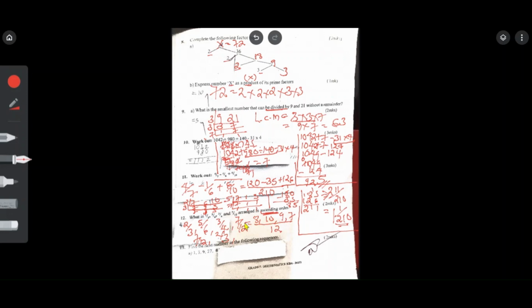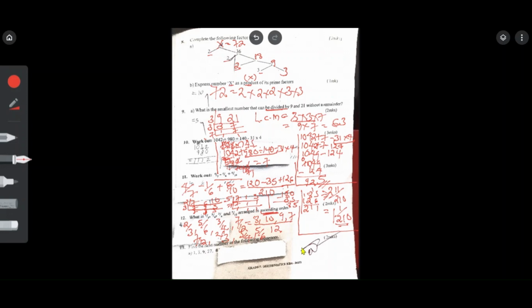The next one is 9. 9 is 3 all over 4. Then the last one, which is 10. 10 is 5 all over 6. So I've arranged in ascending order from the least to the largest. I believe that is clear for us.